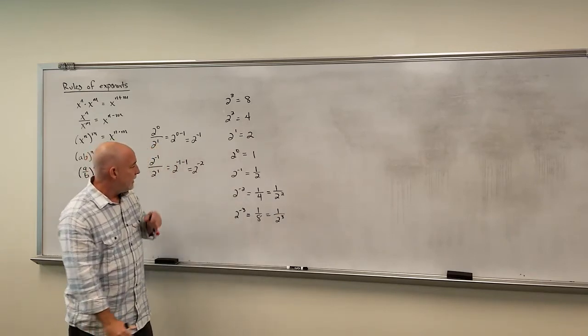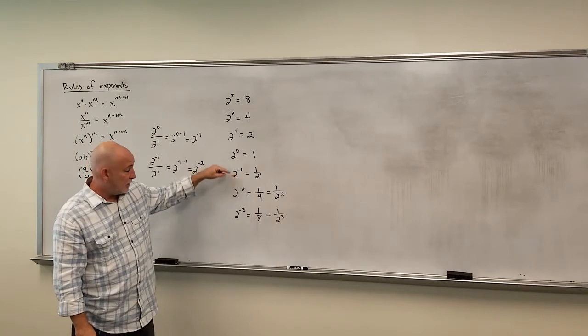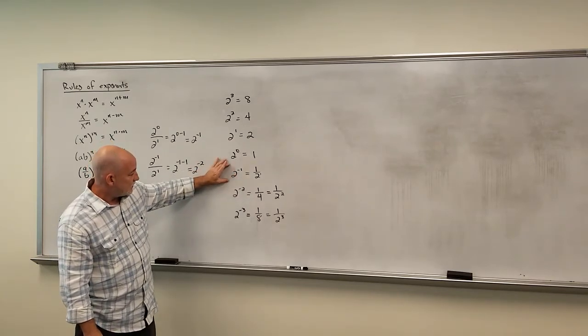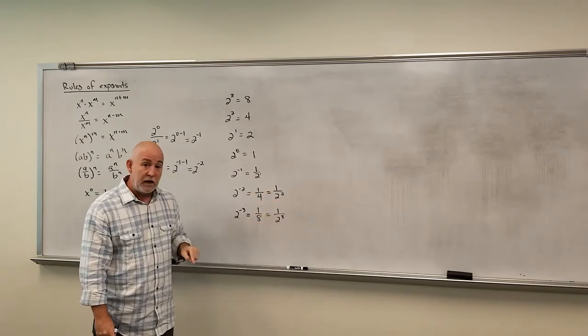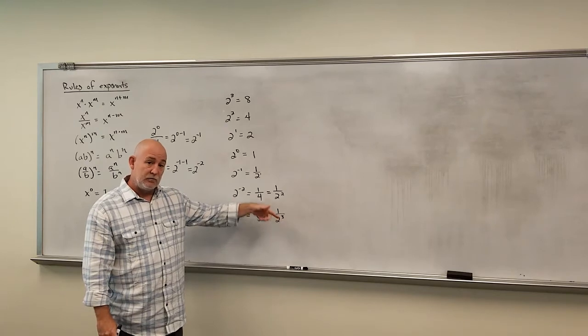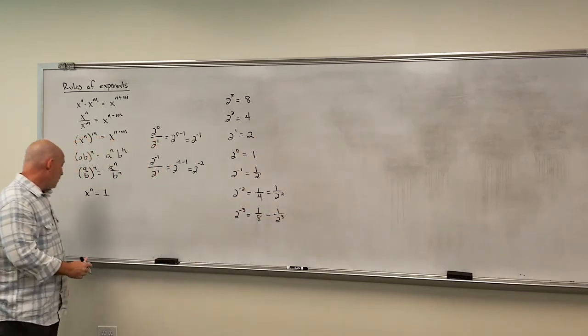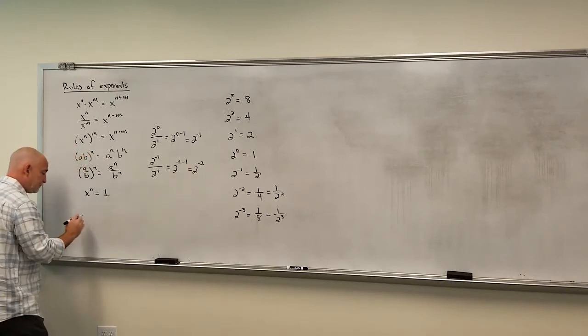So you can kind of see what that negative does. If you have a negative exponent on the top of the fraction, it actually moves it to the bottom of the fraction, and then the exponent becomes positive. And it works the other way too. If you had a negative on the bottom, it'd actually move it to the top. So we have 2 more rules that I'm going to put as one rule down here, and it's coming from this right here.